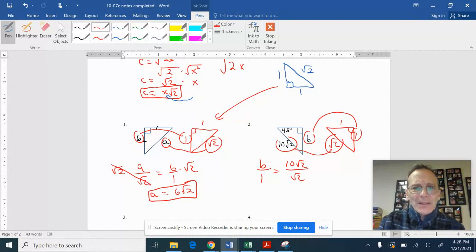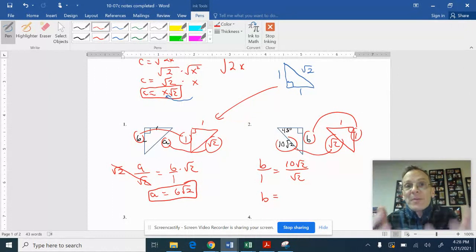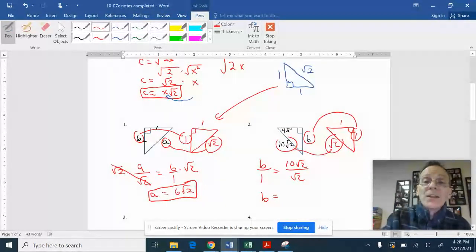Not really. B over 1 is B. Just by setting up the equation, it's already solved for B, except we really should simplify the right-hand side. 10 times the square root of 2 divided by the square root of 2, those square root of 2's will cancel each other out, and we're left with 10.